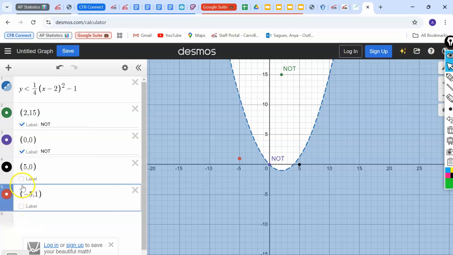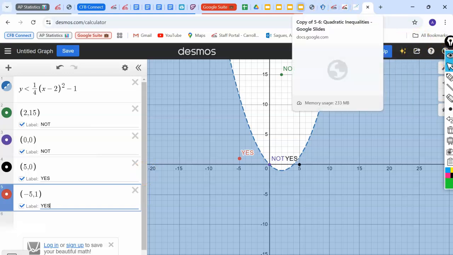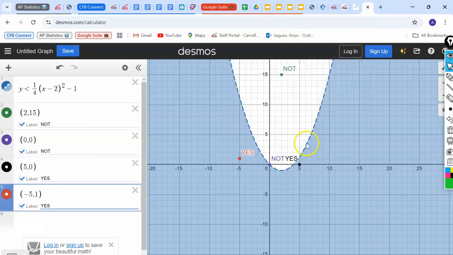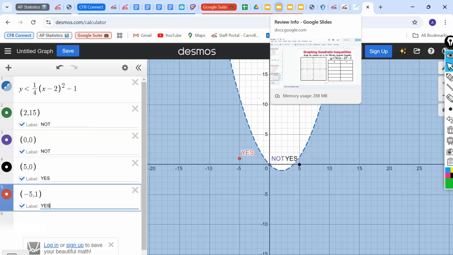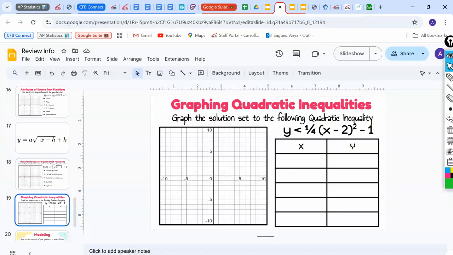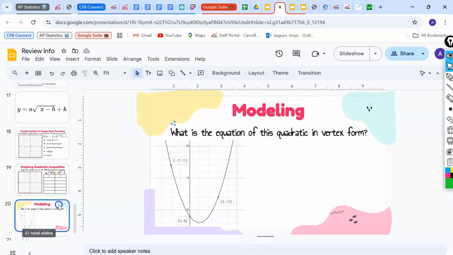Okay, so if it is a solution, then I put yes. All right, but see, the ones that are in the blue are solutions. Literally any point that's in this space is a solution. Anything that is on the dotted line or inside of the white space is not a solution. And that's really all you need to know for a quadratic inequality. Hooray! Oh my gosh. But you do need to explain to me why something's a solution or not. Again, it could be because it's in the shaded area. That's fine. And then sketch an image for me as well.